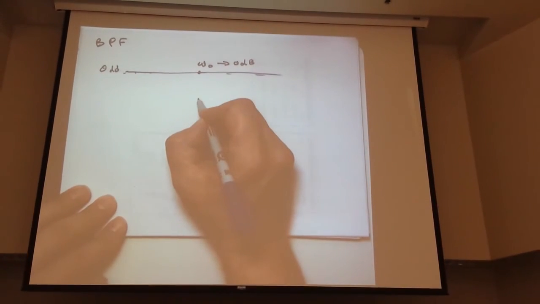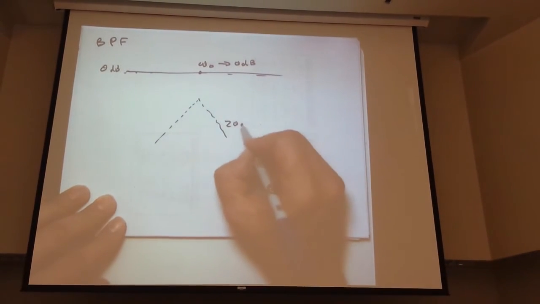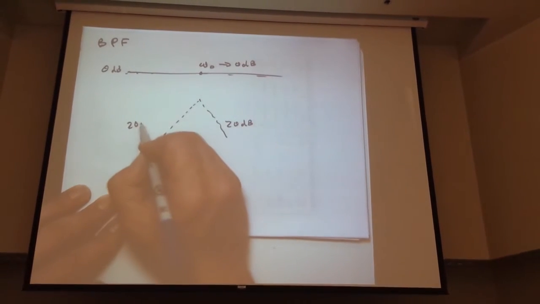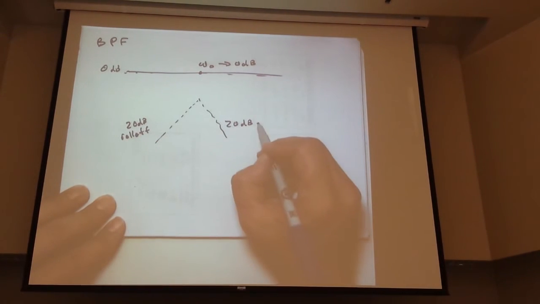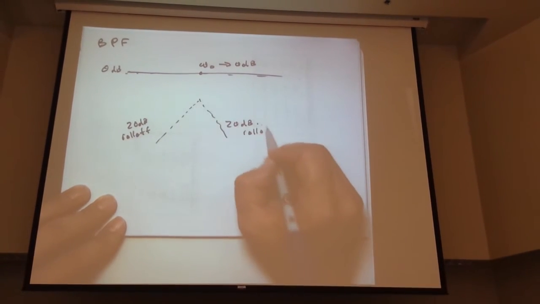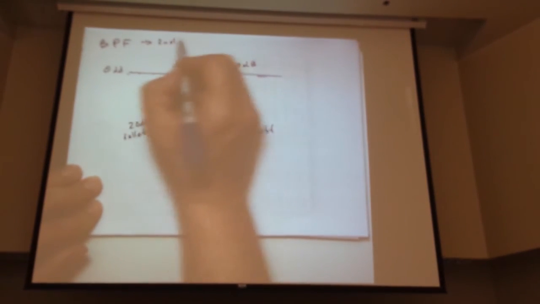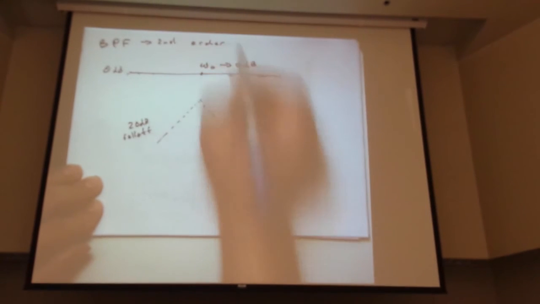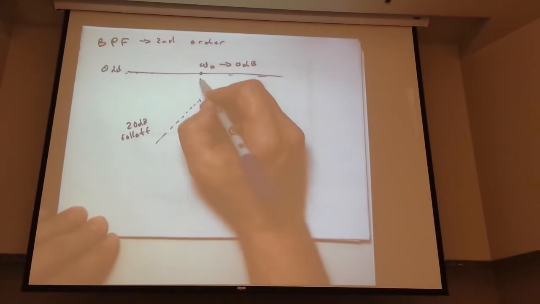We can now look at the inverted V. This is 20 dB roll off. That's 20 dB roll off. This is second order. Certainly we can achieve better with higher order, the second order. 20 dB roll off, 20 dB roll off. There's our vertex.